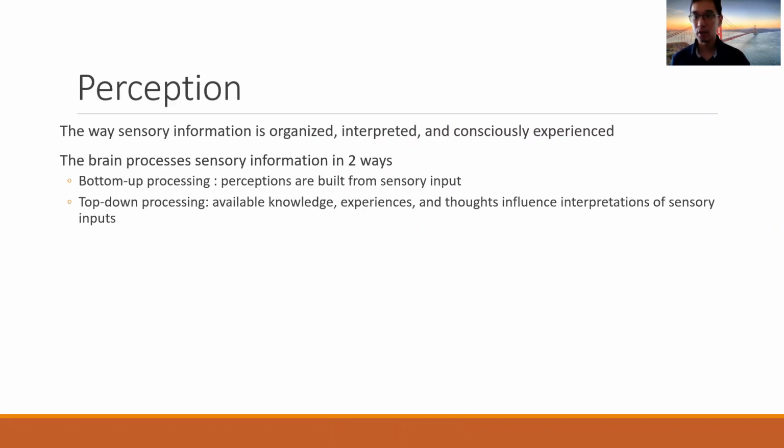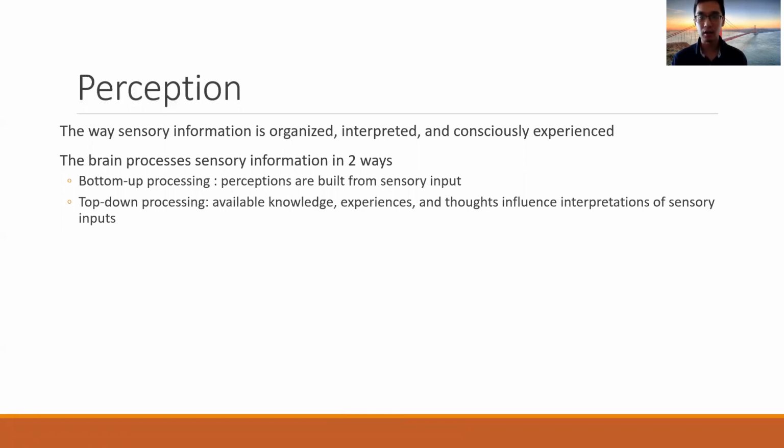We can perceive and understand different things because we can do top-down processing, not only bottom-up processing. Actually, bottom-up processing and top-down processing work at the same time together.